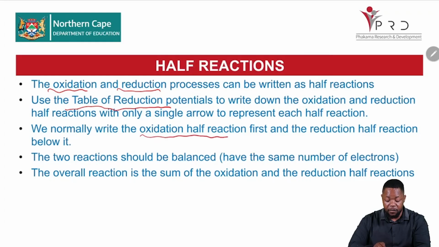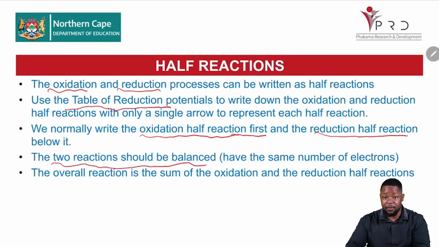The oxidation half reaction we write first, and the reduction half reaction we write below it. So that is what we do normally. The two reactions should be balanced, have the same number of electrons as indicated earlier, before we can get the overall reaction, which is the sum of the oxidation and reduction half reactions.